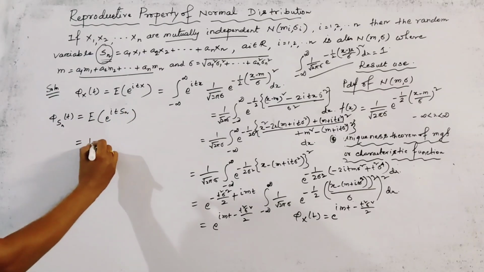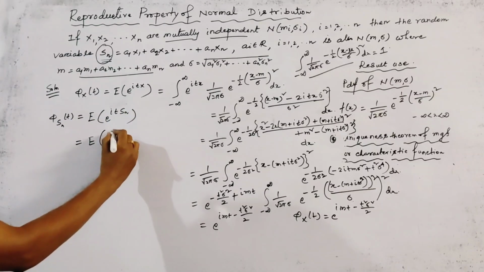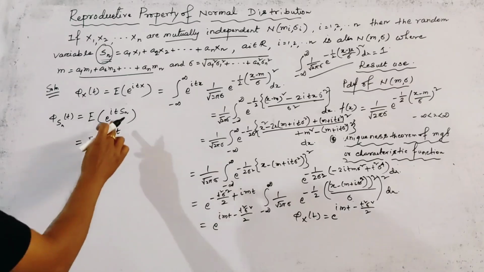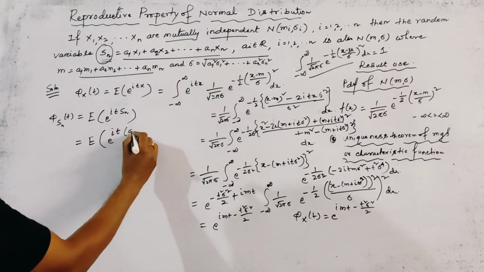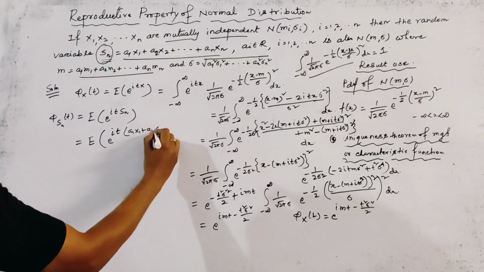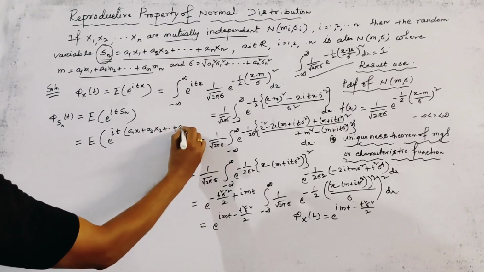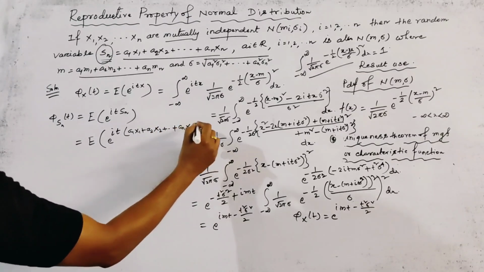Okay, and then expectation e to the power i t Sn. Sn means we put this value: a1 x1 plus a2 x2 up to an xn.